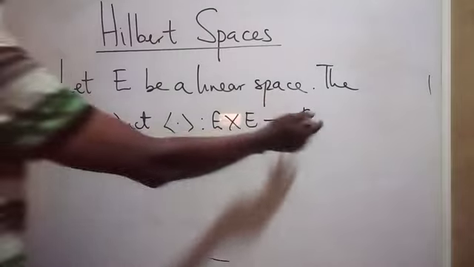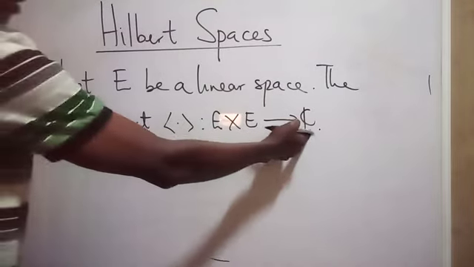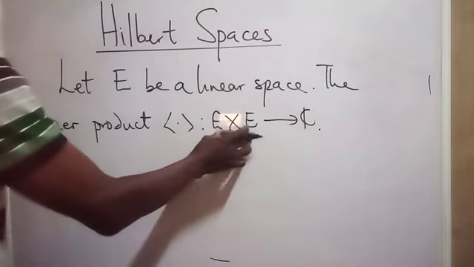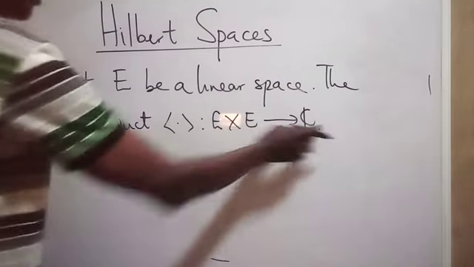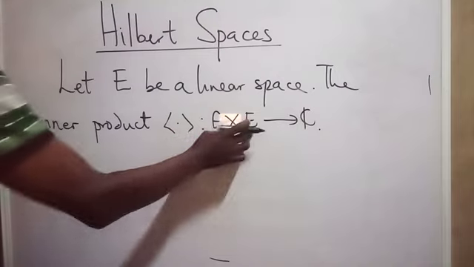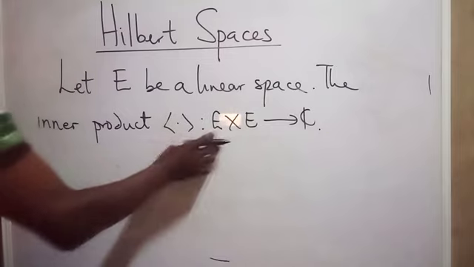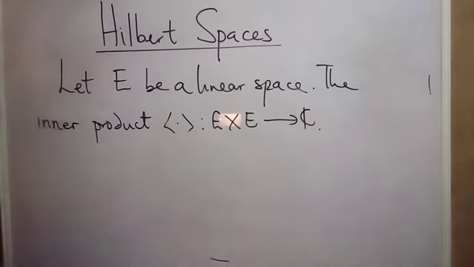That means, as this is the domain, this is the codomain. So that means every pair of the elements of a linear space here becomes a set of complex number.